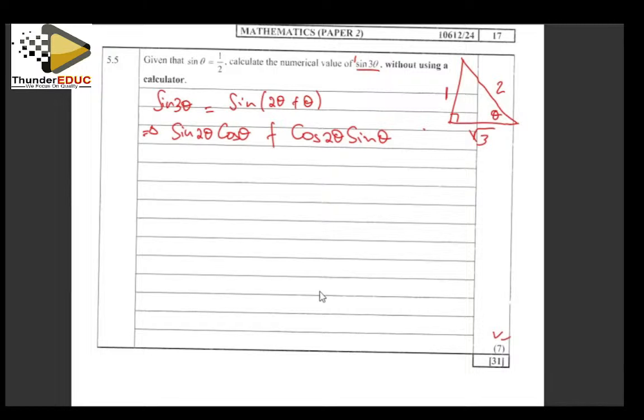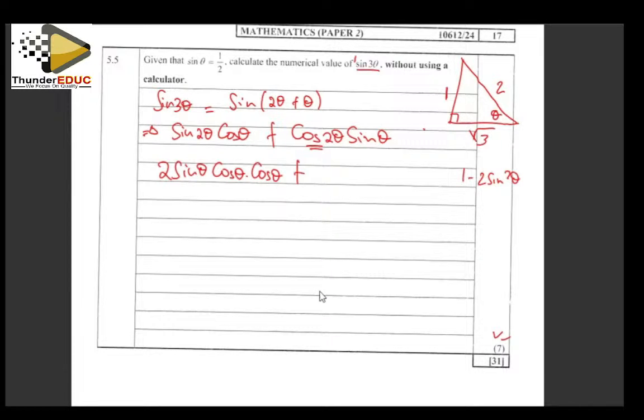We know that sine 2 theta can be broken down into 2 sine theta cos theta, multiplying by another cos theta, plus cos 2 theta, which will be the same as 1 minus 2 sine squared theta.